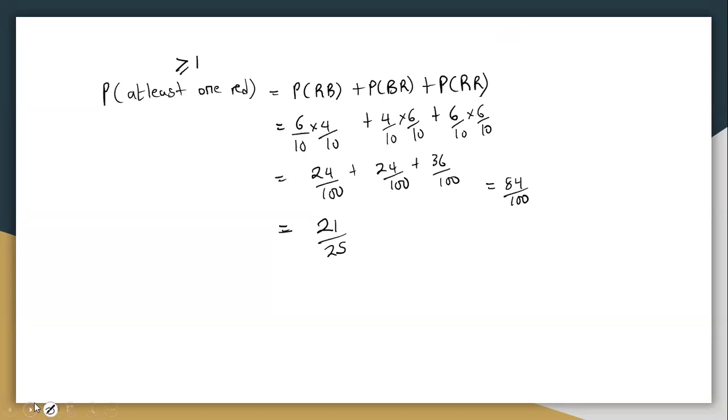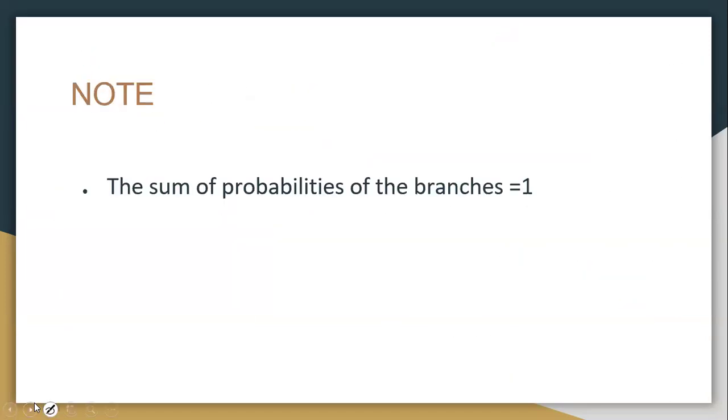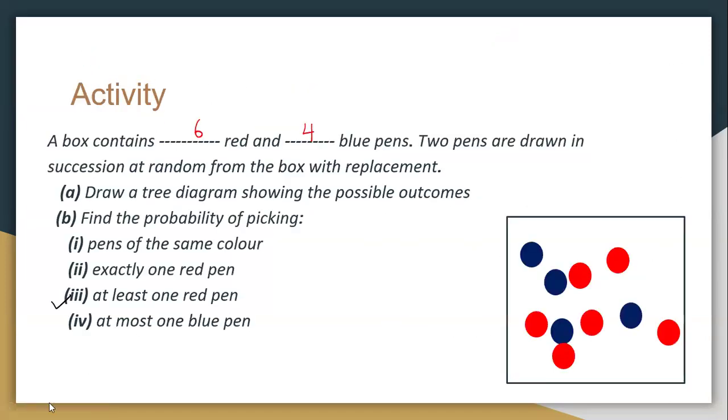Then the last part wanted at most one blue pen. When we say at most, it means less than or equal to. Please start having the words at most and at least with you, because they are going to be very common in the next two topics we are going to be doing, that is linear programming and equations and inequalities.